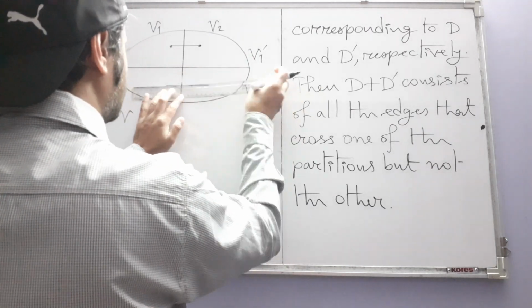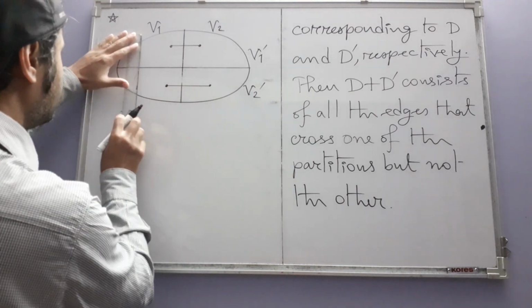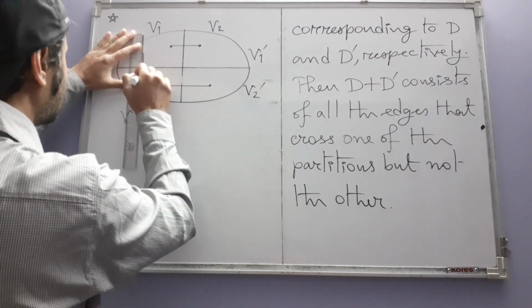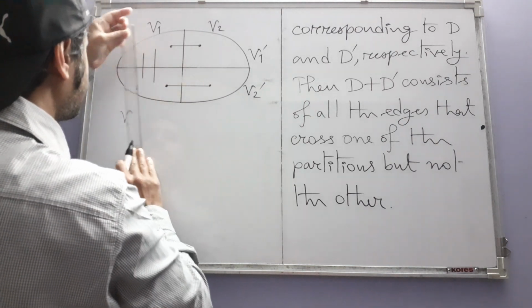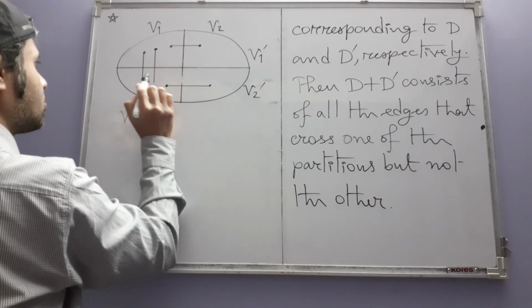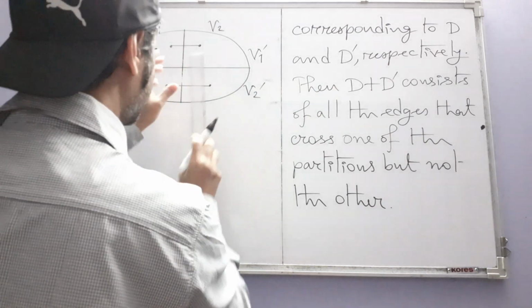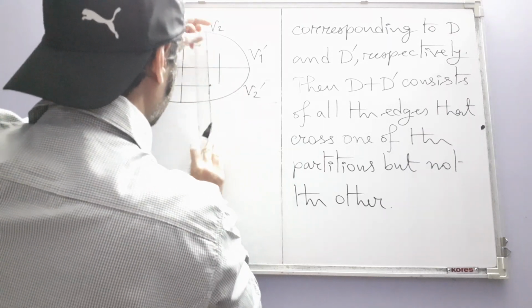This is also an allowed edge. We may have two like this. And actually we can have adjacent edges also, like these two.